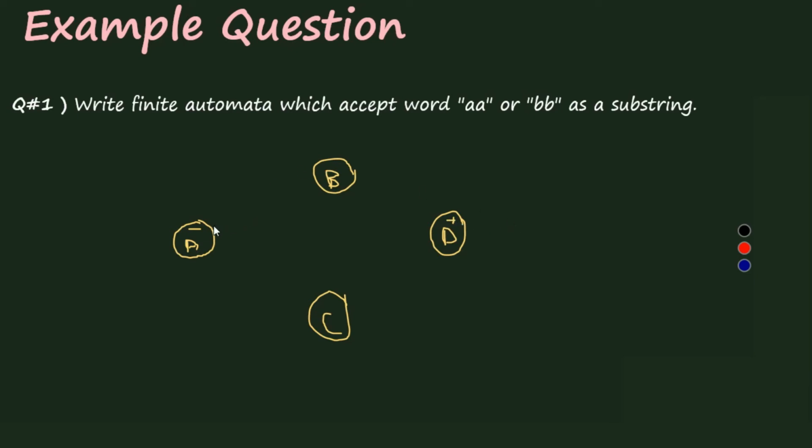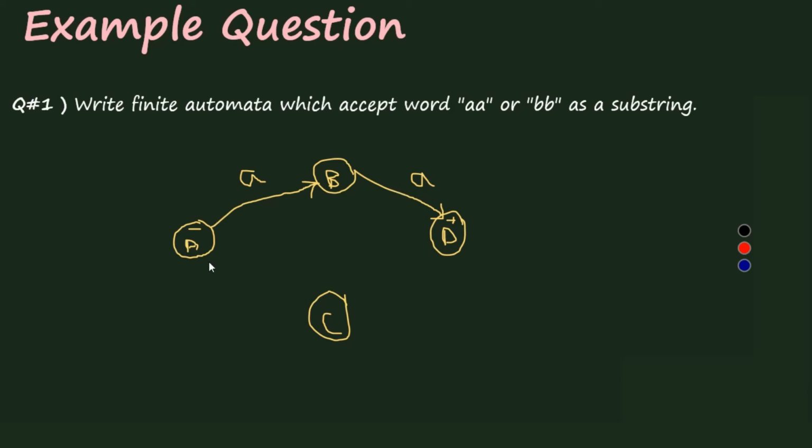If we pass A from state A, it will go to B. And if we pass A on state B, it will go to state D, to accept double A as a substring.